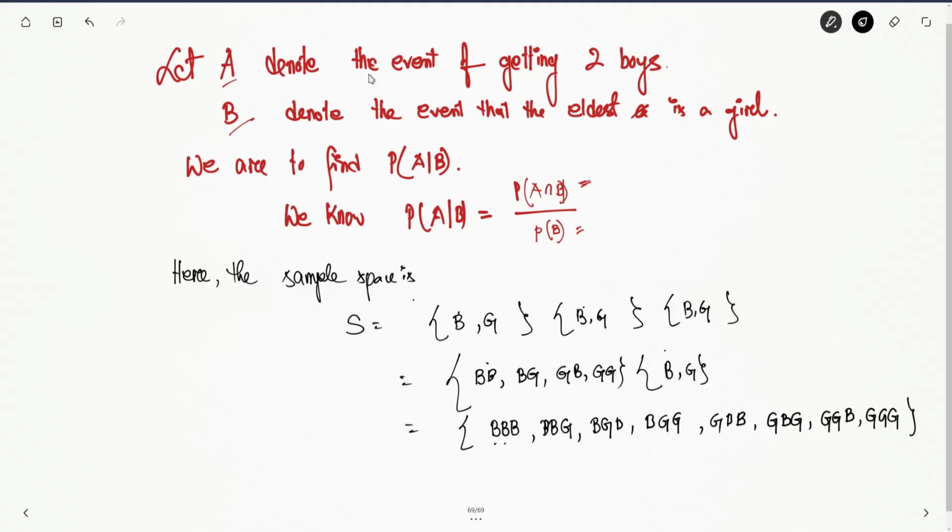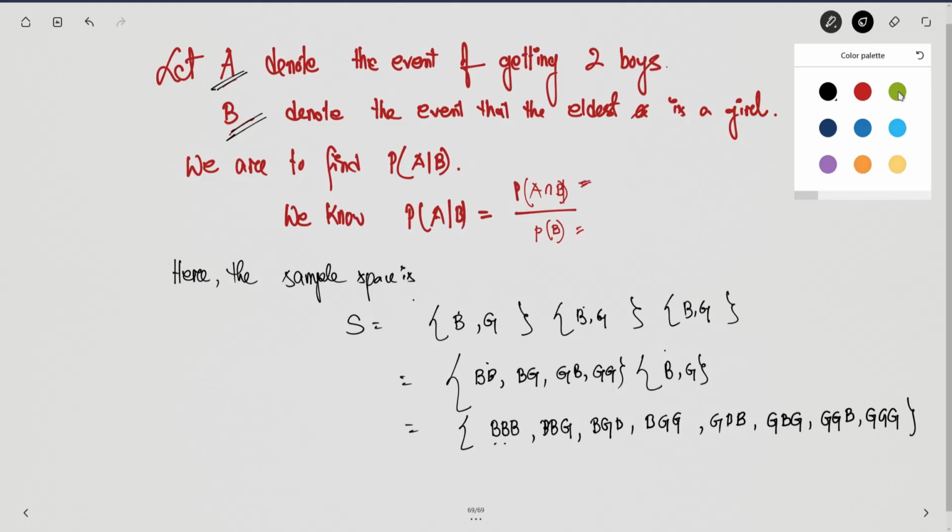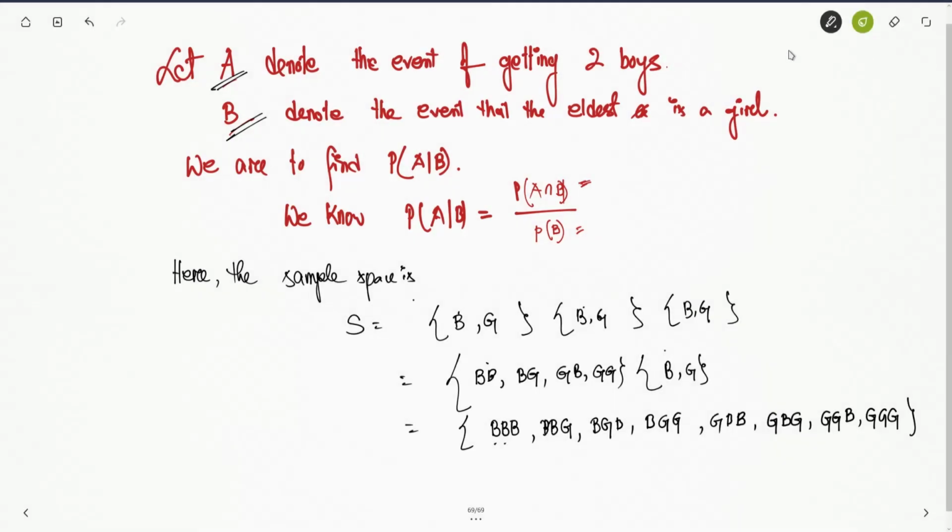Now we are interested in A and B. What is A? A is getting 2 boys. So I will use green for A, right? And I will use blue for B, right? So B denotes the eldest is a girl, the first child is a girl. So what are the blues?